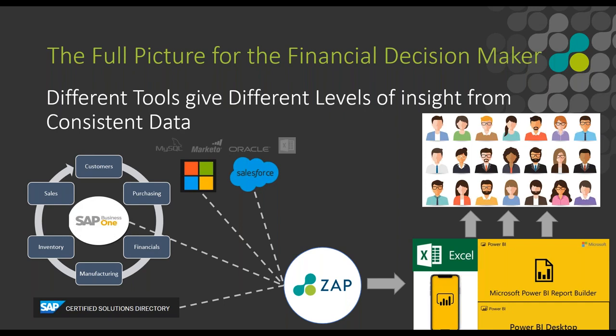And you can use tools like Power BI Mobile, the ability to analyze in Excel, the Power BI Report Builder, and the very powerful Power BI Desktop. That really can propagate across a large number of users.